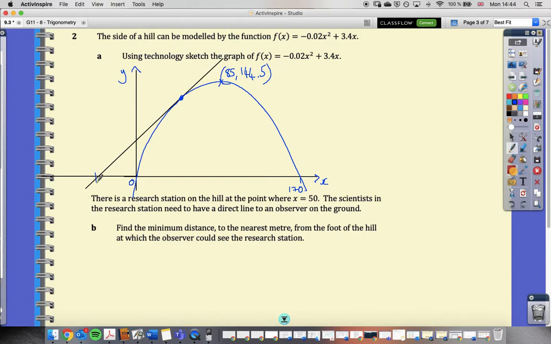I think then I would be able to find its y-intercept and get this distance along here. So that's my plan going into this question. Finding the equation of the tangent is my first job. So just as before, we need a slope and we need a coordinate for that.